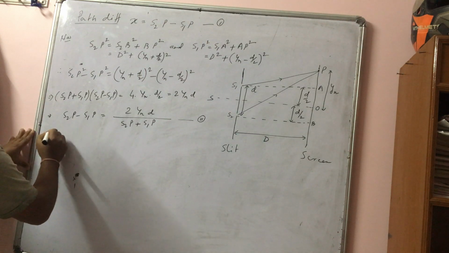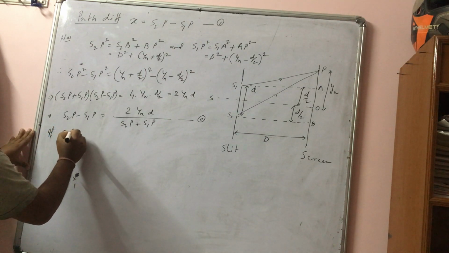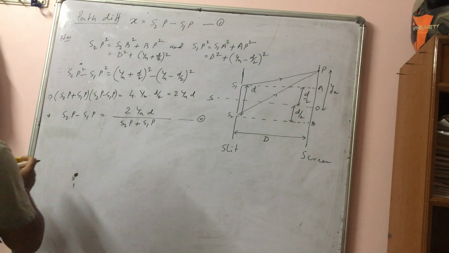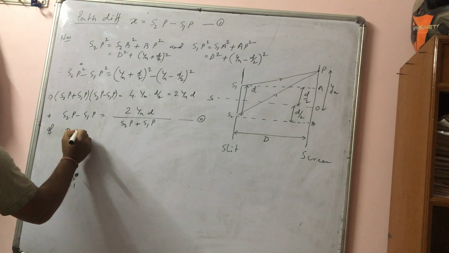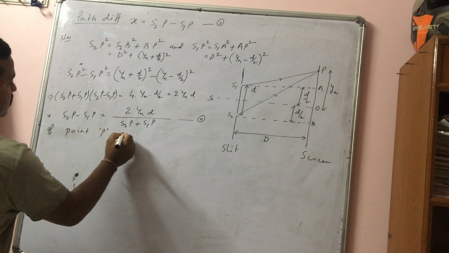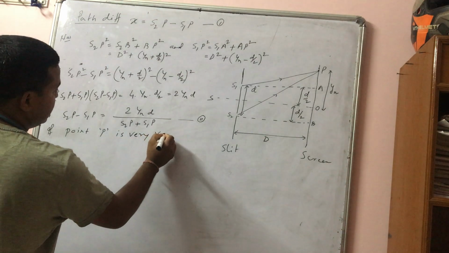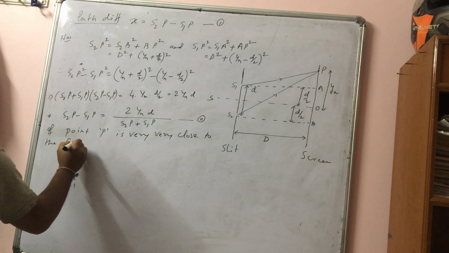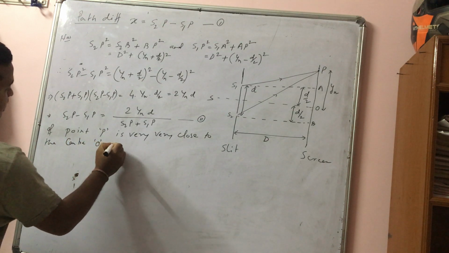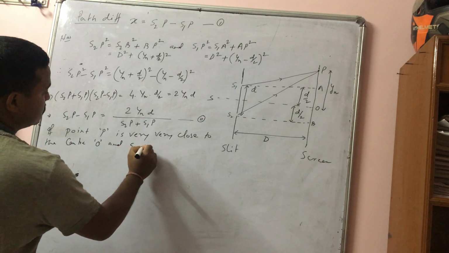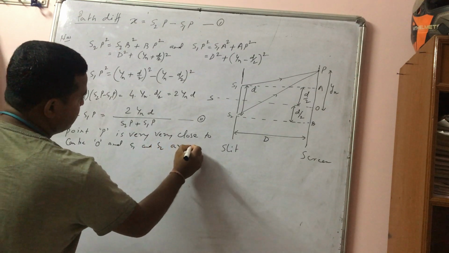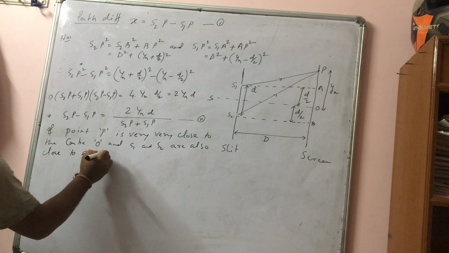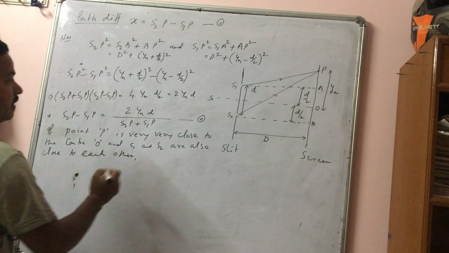Now here I am considering that if point P is very close to the center O, and S1 and S2 are also close to each other, then what you can assume?